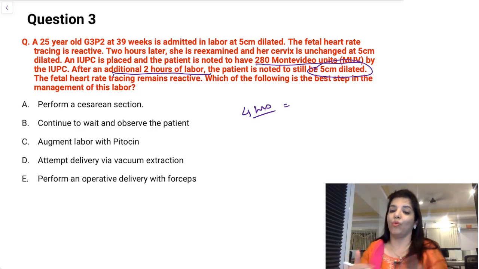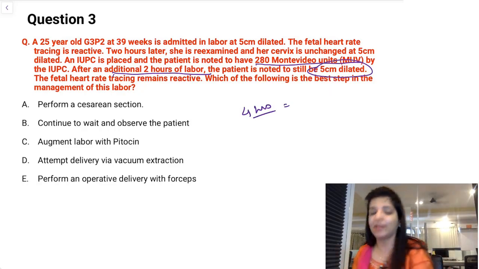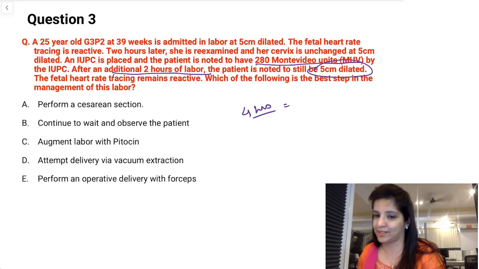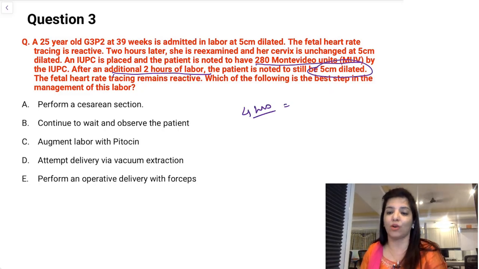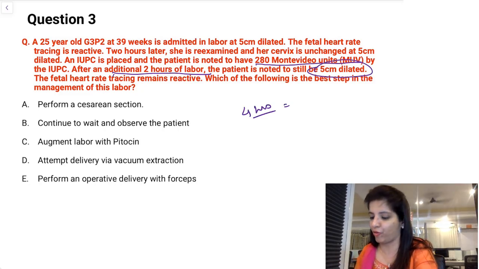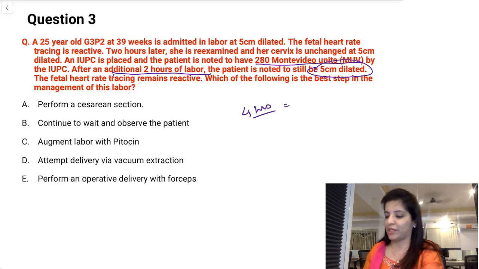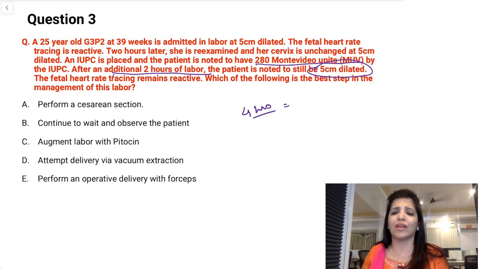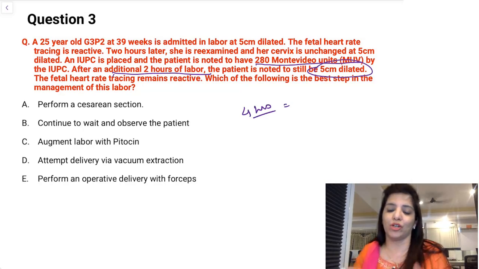Right. Now, what you have to do is you have to see the options and then you have to answer. Here, if the option would have been rupture the membranes, I would have taken that as the answer. But in the question, the options given are perform cesarean section, continue to wait, augment labor with pitocin, attempt delivery via vacuum extraction, perform an operative delivery with forceps. Now tell me, they haven't given us the option that you should rupture the membranes. So how can I answer that?